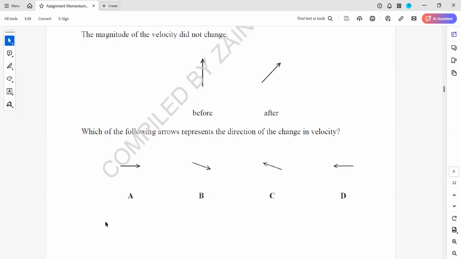Use the chat to answer. The length is important when you draw. The two do not have the same magnitude. It's a bit different.